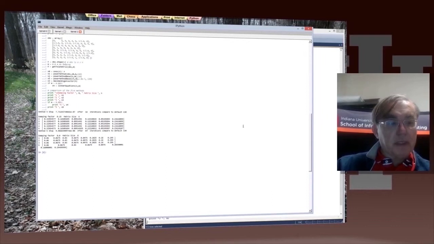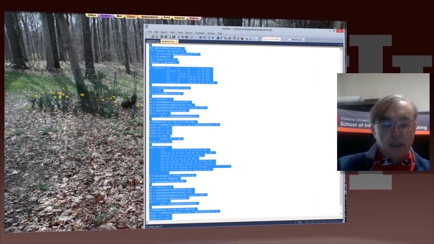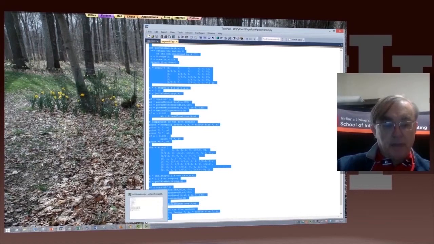You just get the printout and verify the page rank. I mean, this is the rank of site 1, site 2, site 3, 4, 5, 6, and then site 1, 2, 3, 4, 5, 6, 7, 8 for the next matrix. So that's the PageRank Python here.